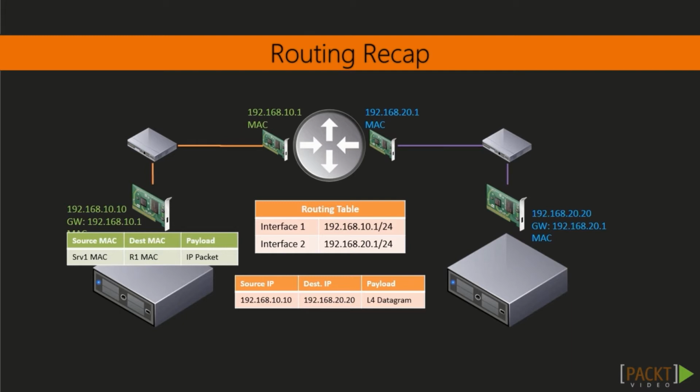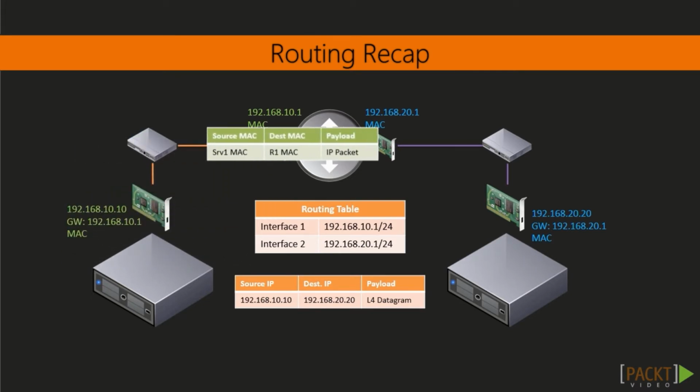So the frame contains the IP packet, which contains the source and destination IP address, and the payload is the layer 4 datagram. So what happens now is server 1 sends the Ethernet frame to the router. The router grabs the frame, extracts the payload, and looks up the destination IP address. So the next step is the router has to make a routing decision.